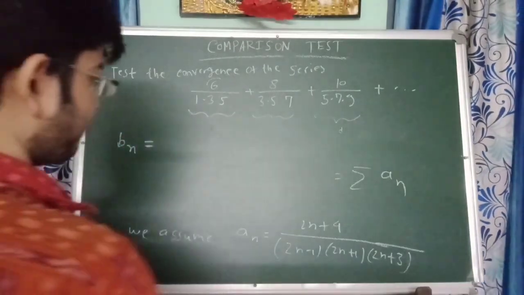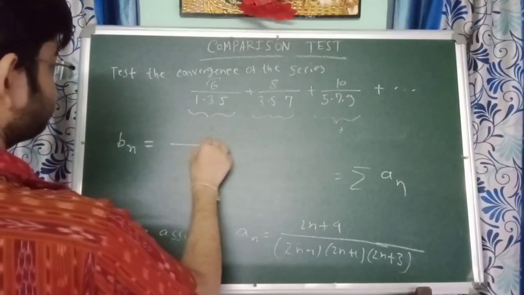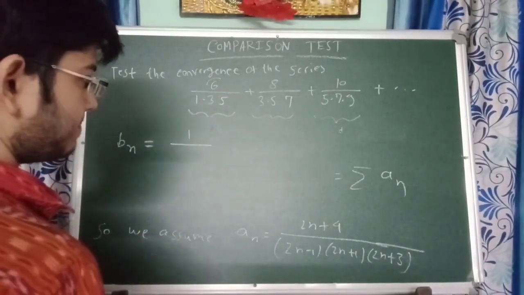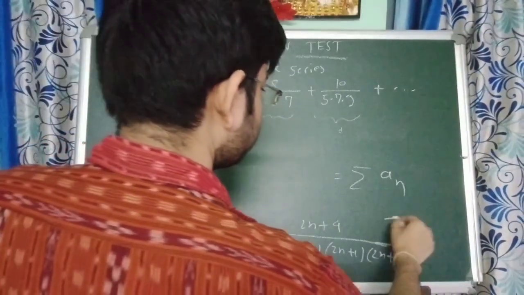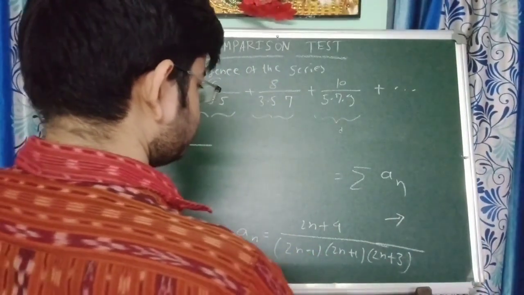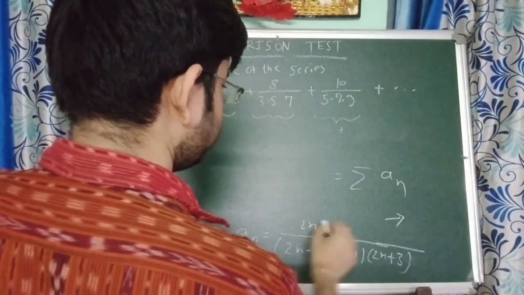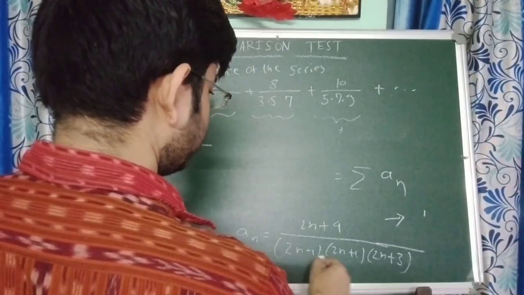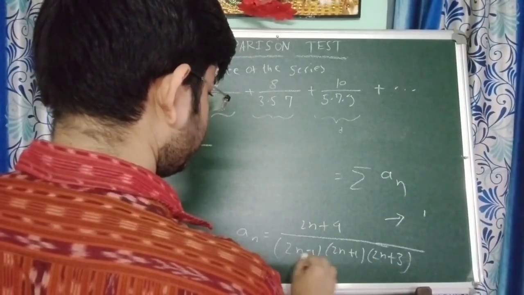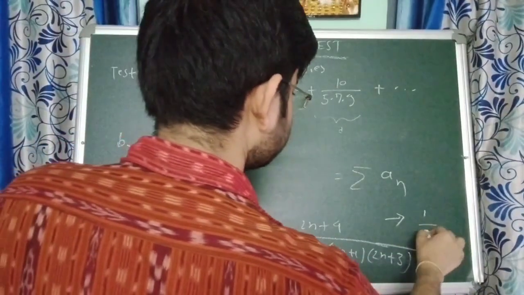Taking bn as 1 divided by n to the power of... you see that in the numerator the highest power of n is 1 and in the denominator the highest power of n is 3.